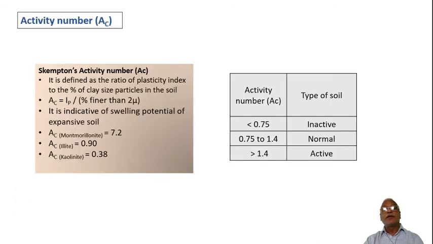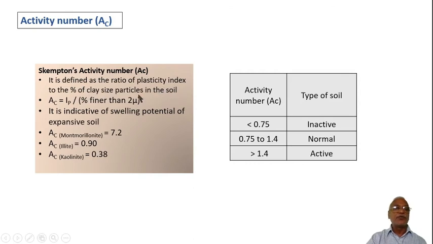Okay, next we have Skempton's activity number, or it is simply referred to as just activity. What is it? It is defined as the ratio of plasticity index to the percent of clay size particles in the soil.